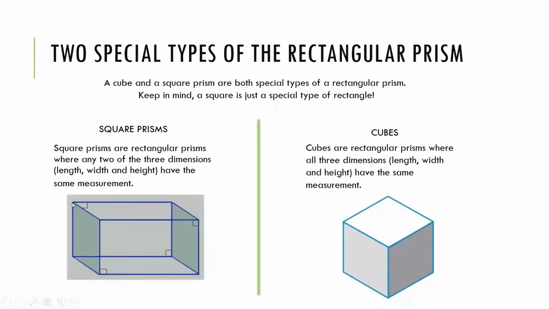You can see here, we have this and this are equal, and height is here, and length is here. Two of them are equal. And cubes are rectangular prisms where all three dimensions, length, width, and height, have the same measurement.